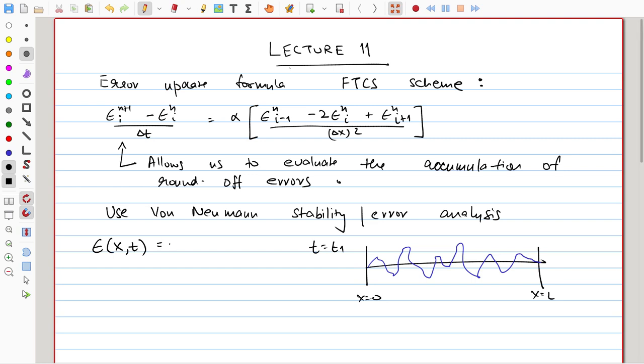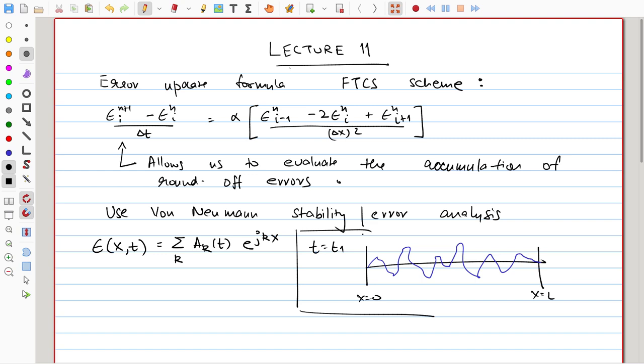So I can write this as, let's look at it for this particular situation where t is equal to t1. So let's look at it for a given time. Then epsilon is only a function of x in this case.